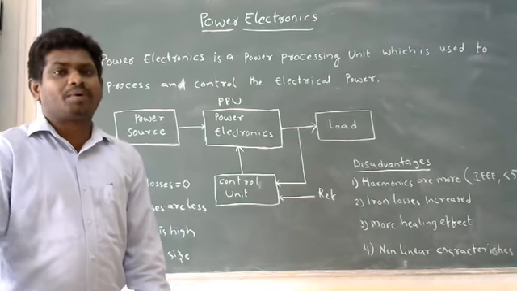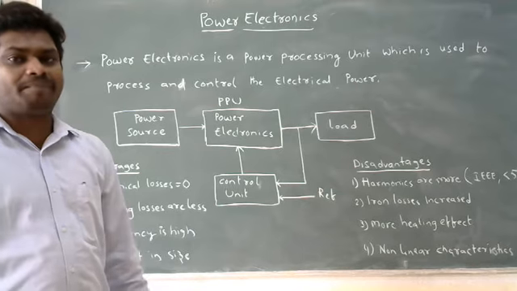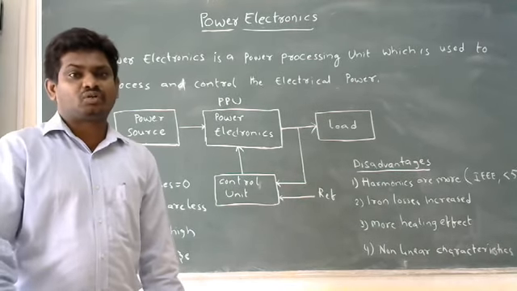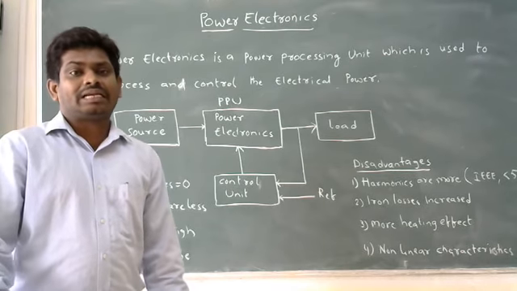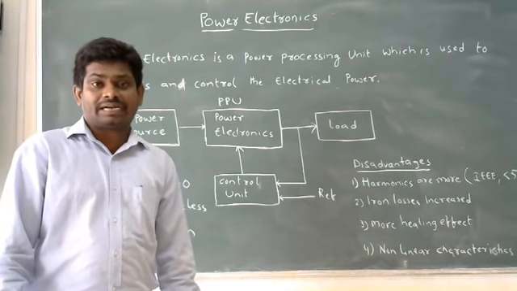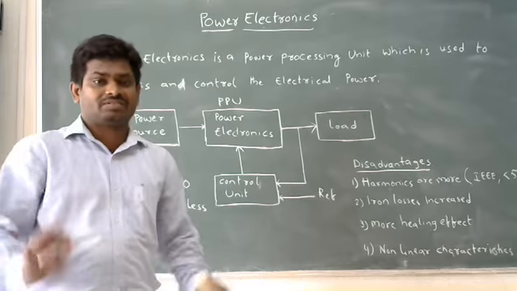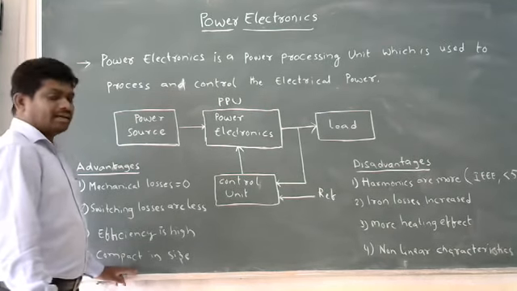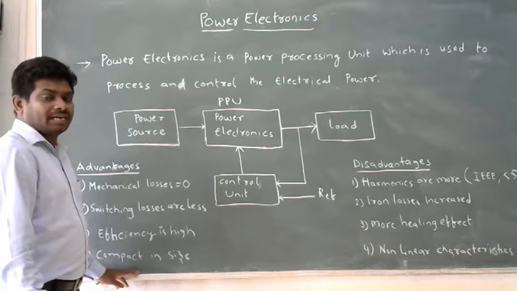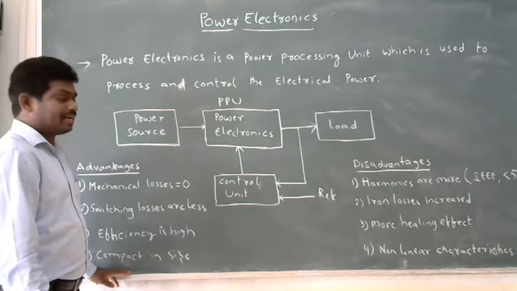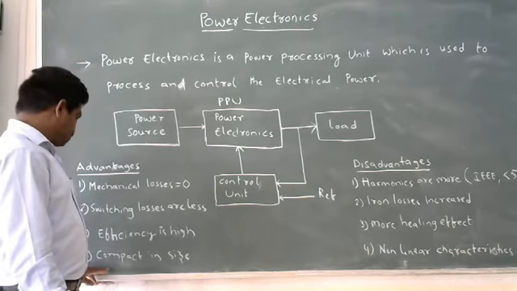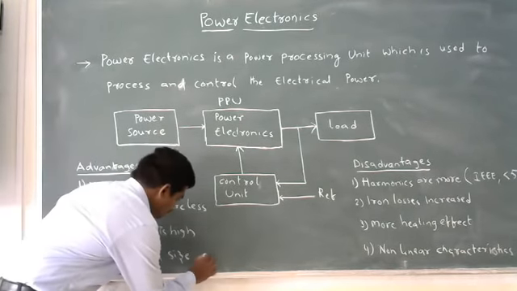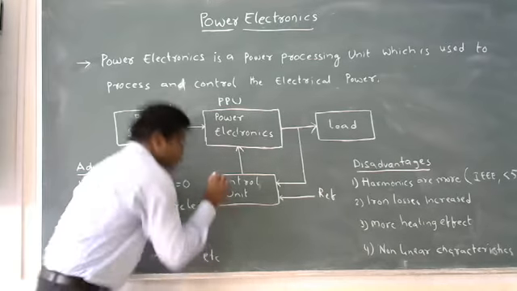Suppose you use a power electronic circuit, that is, a rectifier bank. Compared to the space required for that DC generator, the space required for the rectifier bank is very less. That's why the size of the rectifier circuit is very small and occupies very little space. So these are a few advantages that we can discuss, and there are some more.